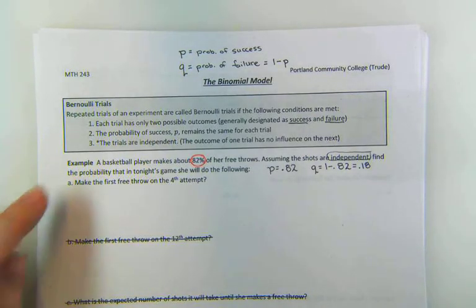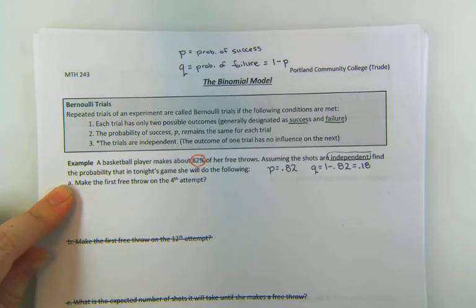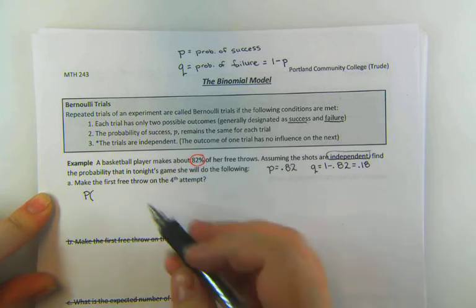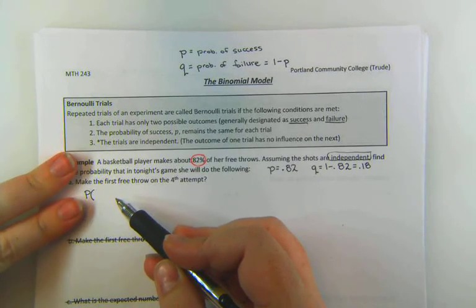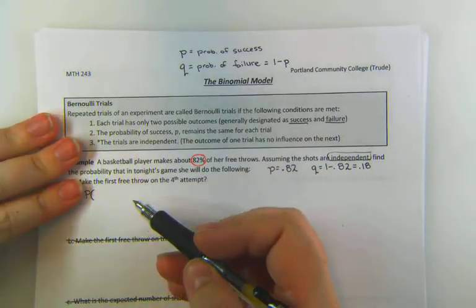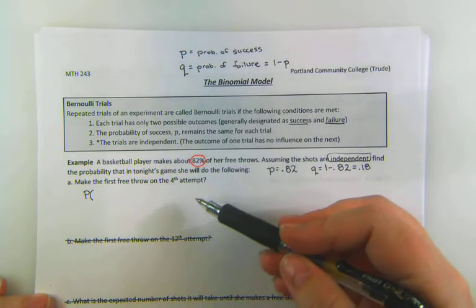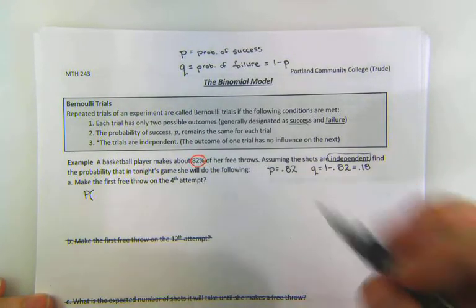So this first example here actually throws back to probability methods we already talked about. So we have these independent events, and in this example, we're trying to find the probability that she makes her first free throw on the fourth attempt. So what that would mean is we're looking for the probability that she misses it, and then misses it again, misses it a third time, but then on the fourth time she makes it.